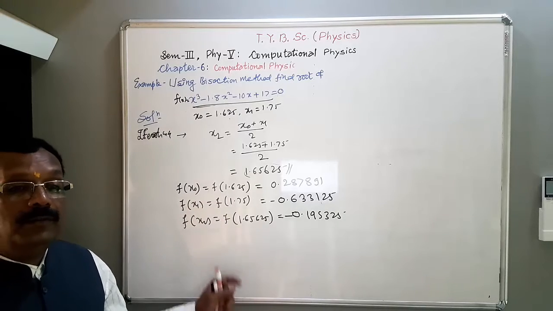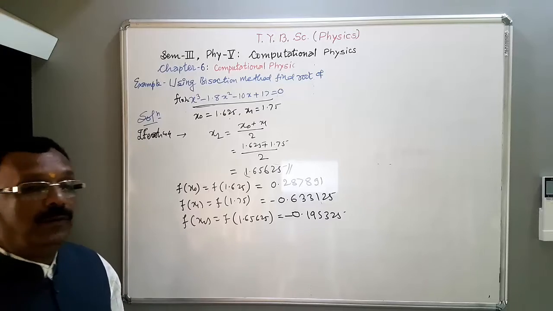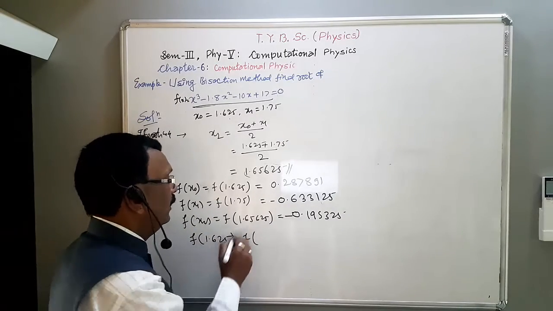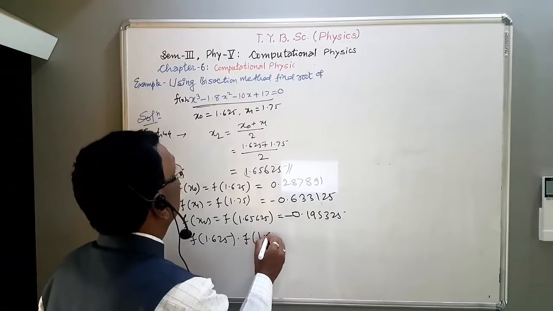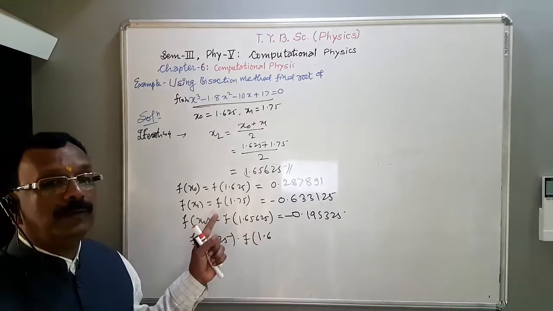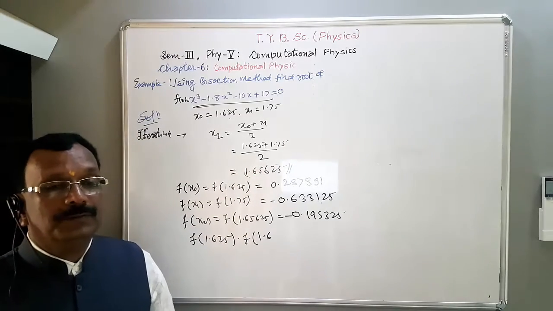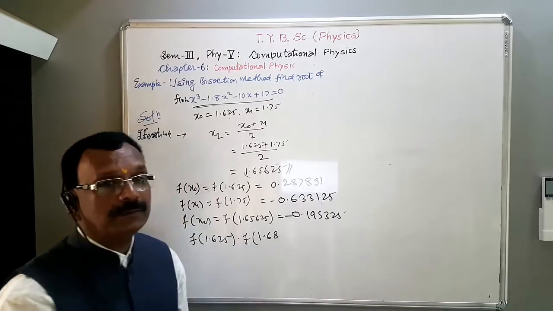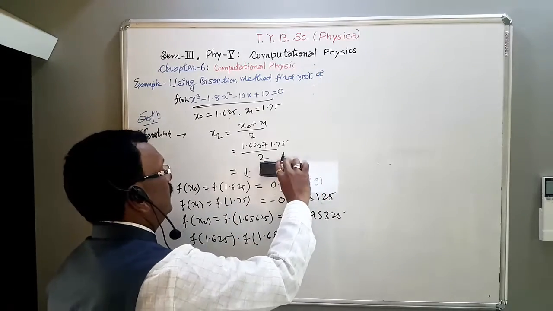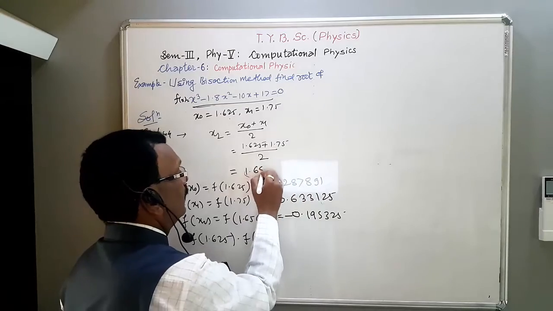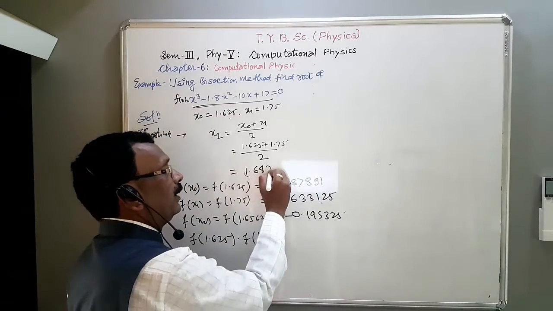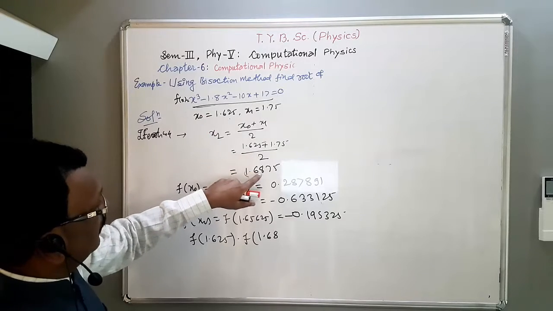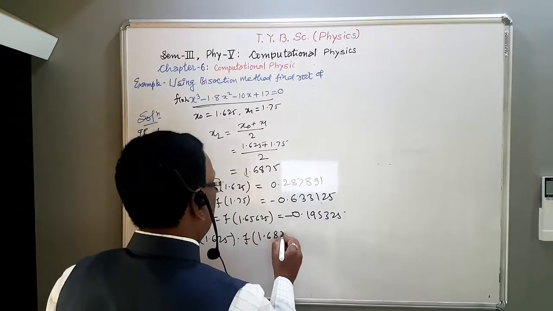Okay, these are the values. Now from these three, we can conclude that f of 1.625 and f of the other value, 1.6875. This is the midpoint, this is the value of x2, 1.6875.